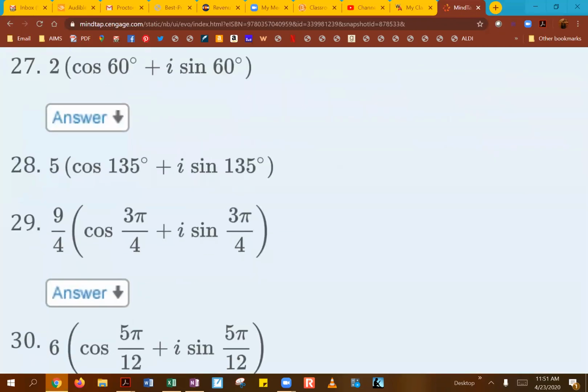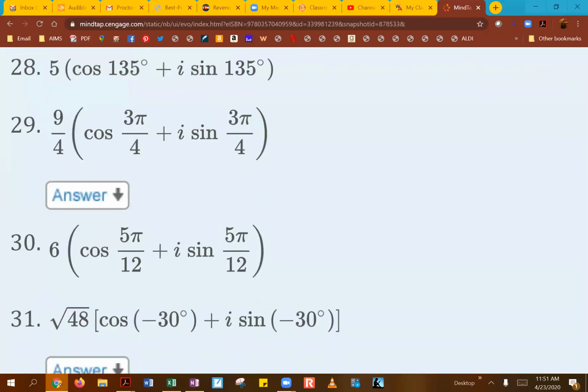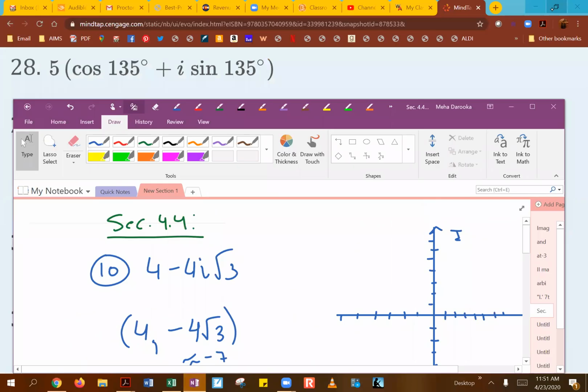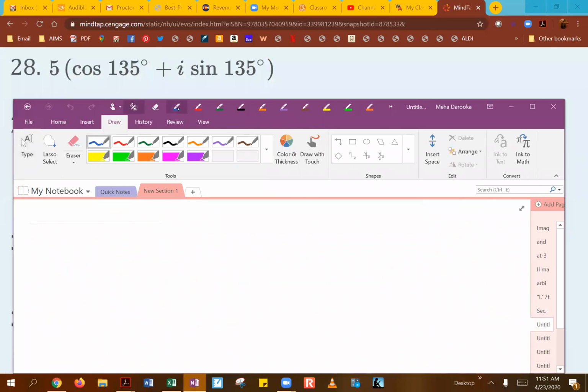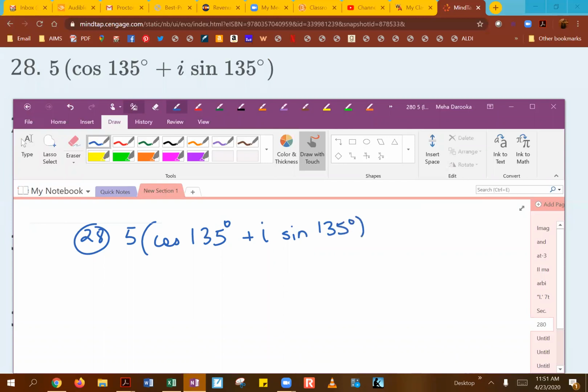So you are looking at number 28 over here. 5 cosine 135 plus unit circle. So what's the first thing we should do?